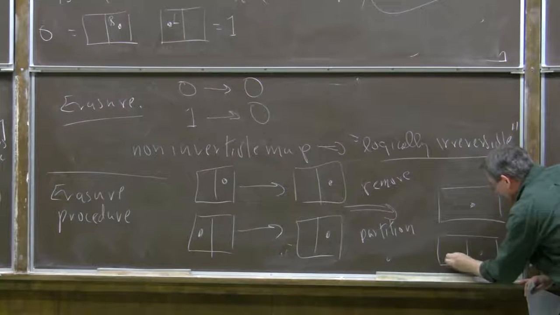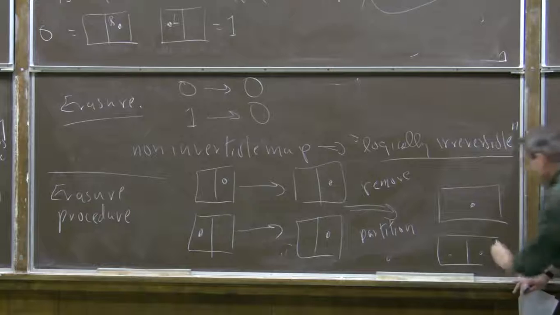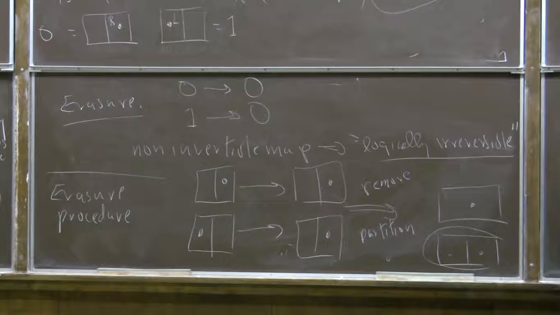It might be over here or it might be over here. Okay? So I want to do something which will make sure that it's always on the right no matter what. So what should I do?